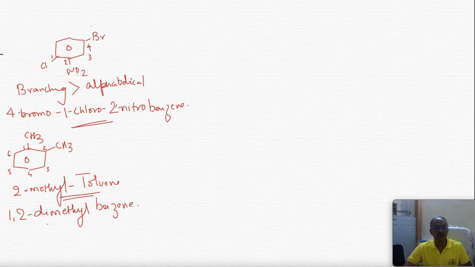In this case I have taken benzene as the parent, with the two CH3 as substituents. In the other case, the whole toluene part is the parent, and this methyl is the substituent. You can name it either way. Both are the same.